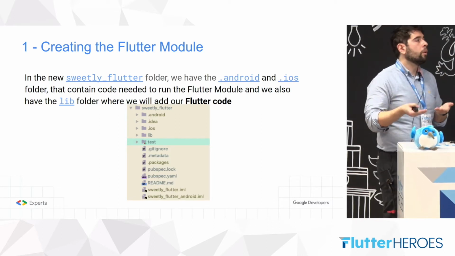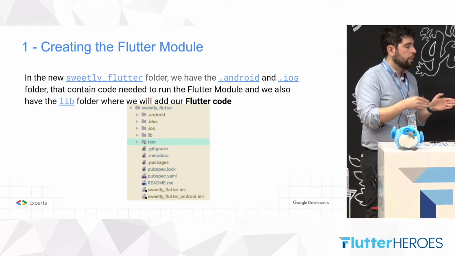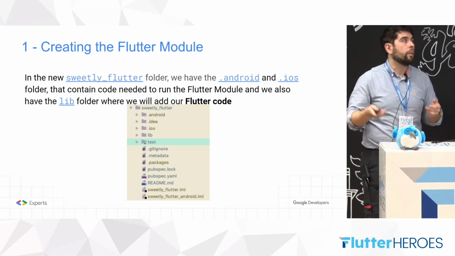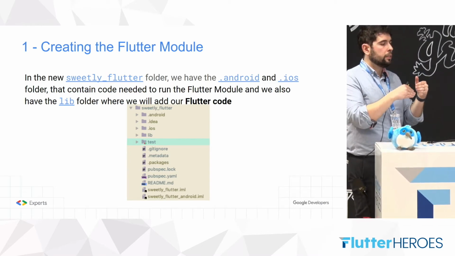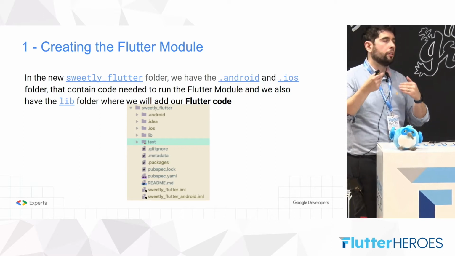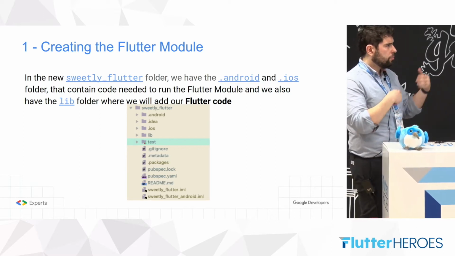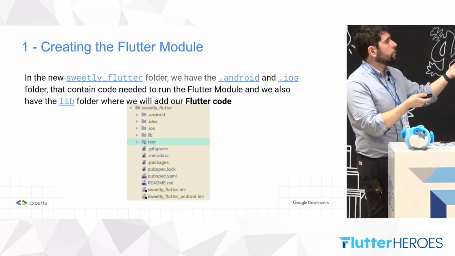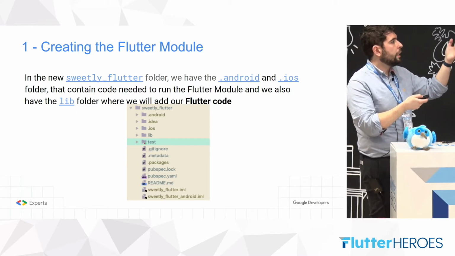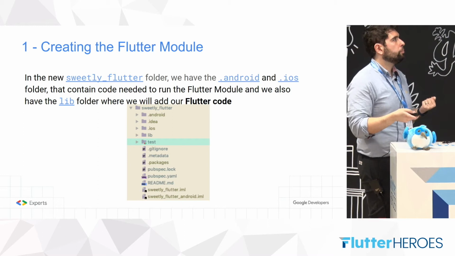So as we know, the Flutter code will also have a .android and a .ios folder in case we need, inside our Flutter view, to communicate with the native platforms. And also we have the folders that we love, the lib folder and our pubspec.yaml file.